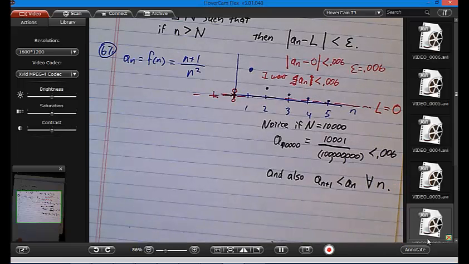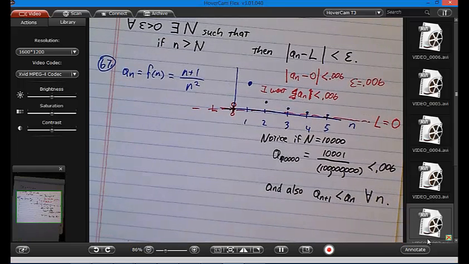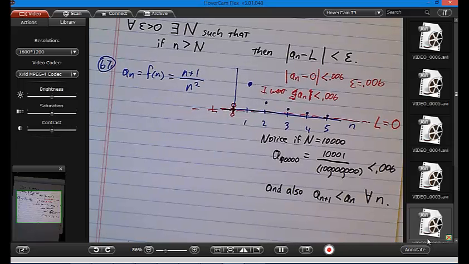I hope it doesn't throw you if I do another upside down a. I'm just tired of writing. In other words, isn't it true that each number is going to be a little bit closer to 0 than the one before it? Well, yeah. This is kind of an obvious problem, but I think that's okay. The point is that if you pick n equals 10,000, we're going to be less than Ashton's epsilon.